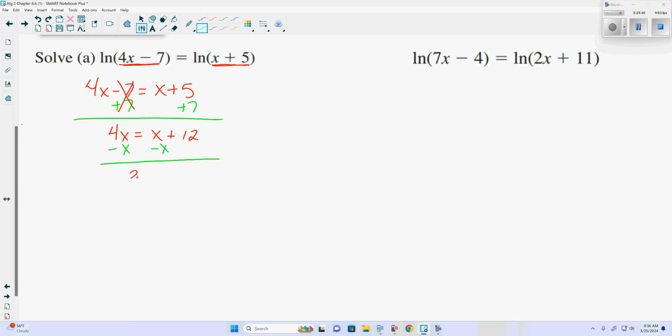Because 3x is equal to 5, divide both sides by 3. That's it. We can plug it in and check, but here we don't have to. It will work, both sides are the same. Questions on this here?